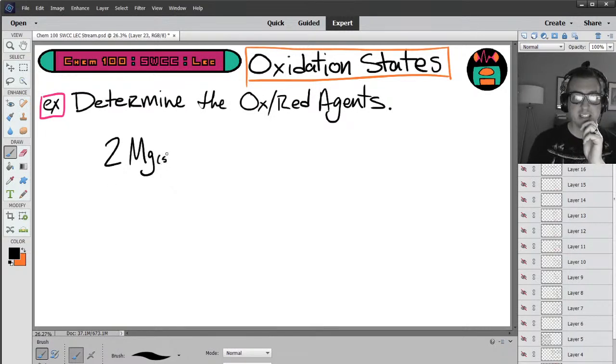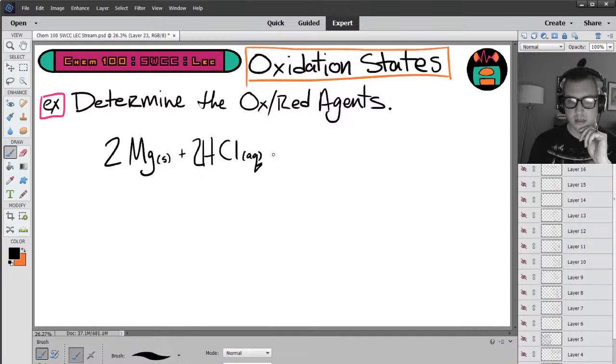Let's do solid magnesium in its reaction with hydrochloric acid to produce hydrogen gas and magnesium chloride.